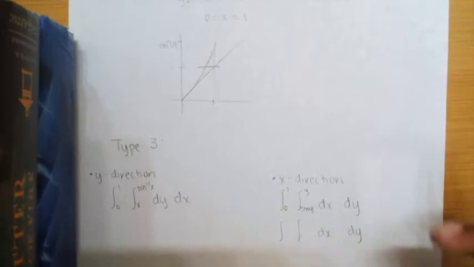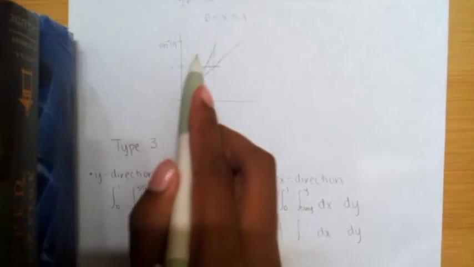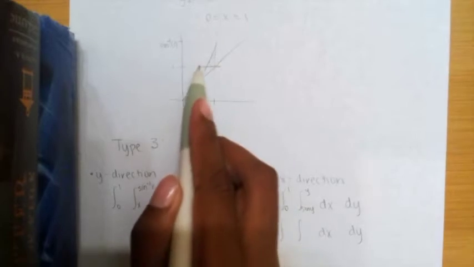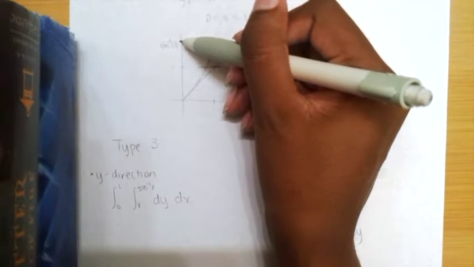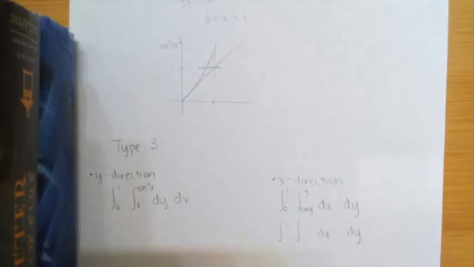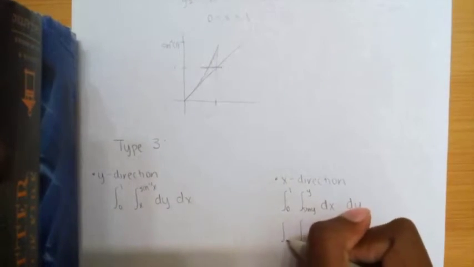And then, for the top part of the area, it would be from 1 to the inverse sine of 1.